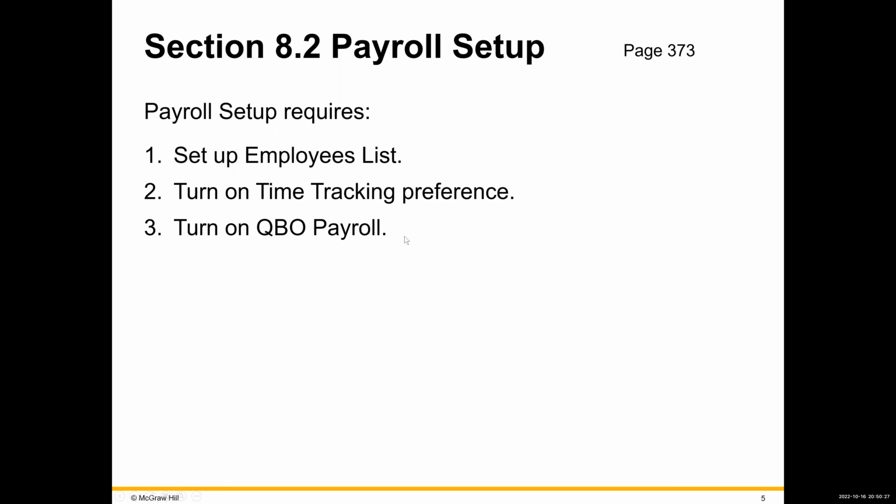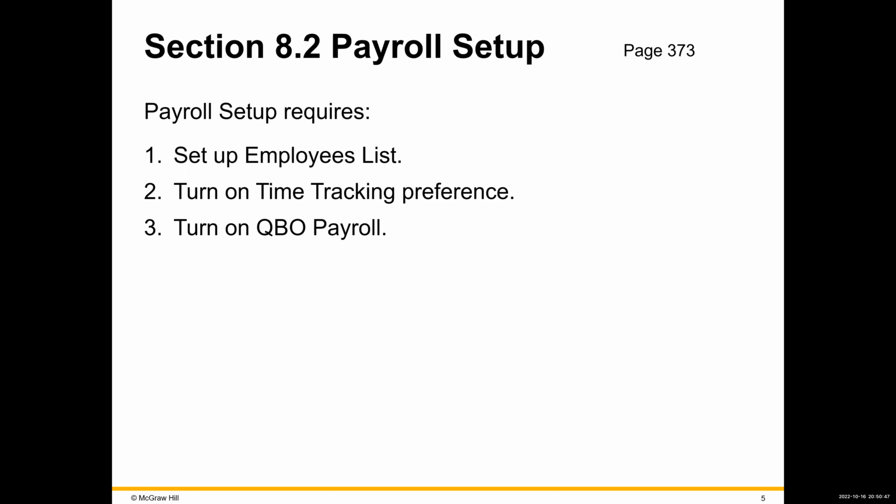And then part of this payroll setup is to turn on our QuickBooks Online payroll. Now, we're really not going to do that here. We can describe it, but because we're not paying for it, they won't let us do it. But what happens when you turn on that payroll is that it's going to set that payroll system up.